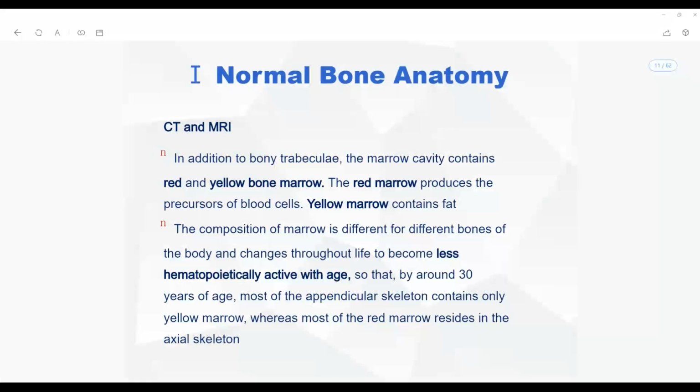No. In a child, let's say a child of 1 year, or a child of 6 or 7 months, something like that, I am going to prefer the sternum, or I am going to prefer the femur.